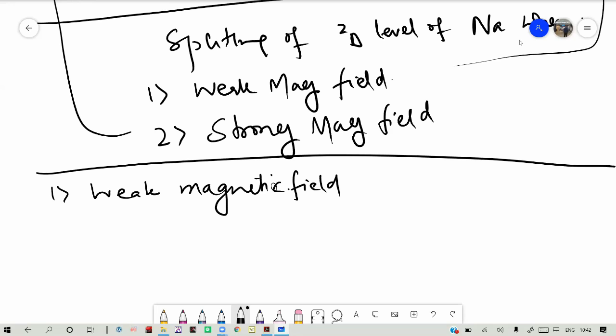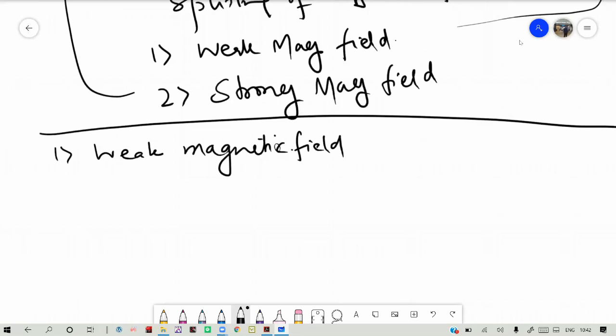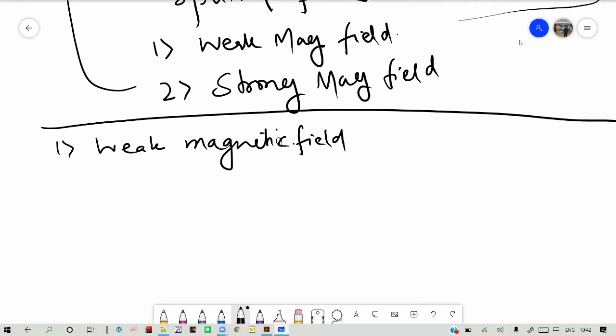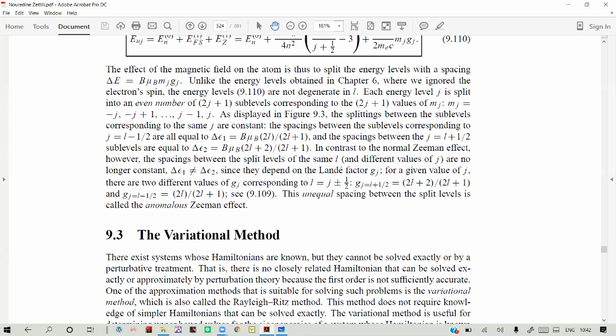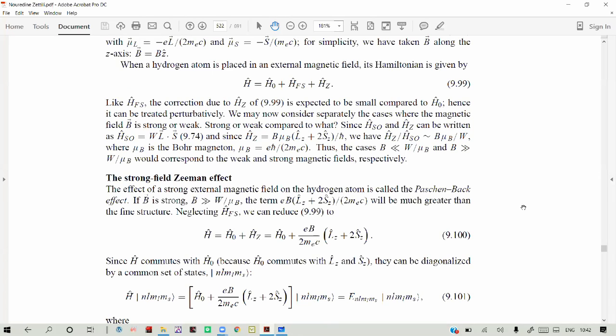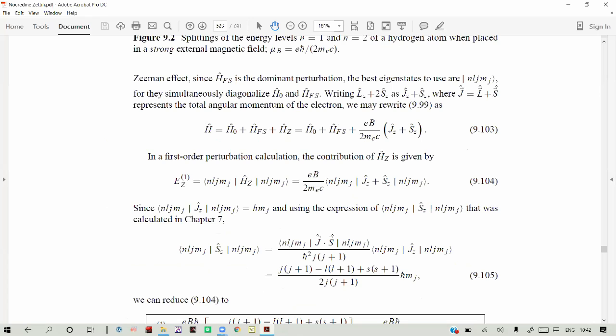Weak magnetic field, and you know that the interaction energy is mu B mj gj. This is a strong field, this is the weak field, so it is this.